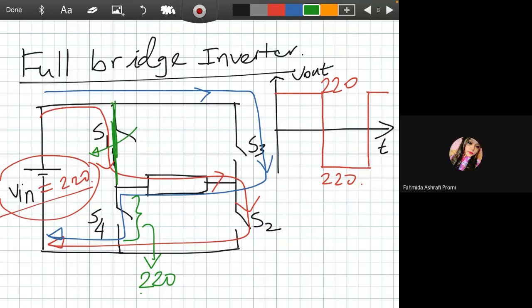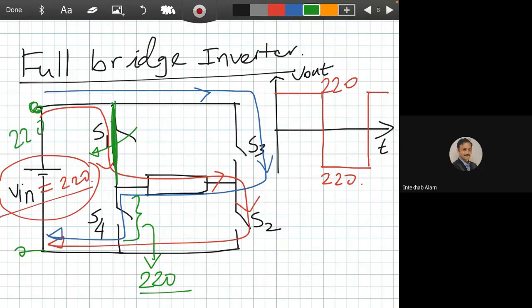So whenever we work with a full bridge inverter, switch S1 and S2 will close at the same time. Whenever switch S1 is closed, this switch is closed, the voltage at this point is actually 220 volt.